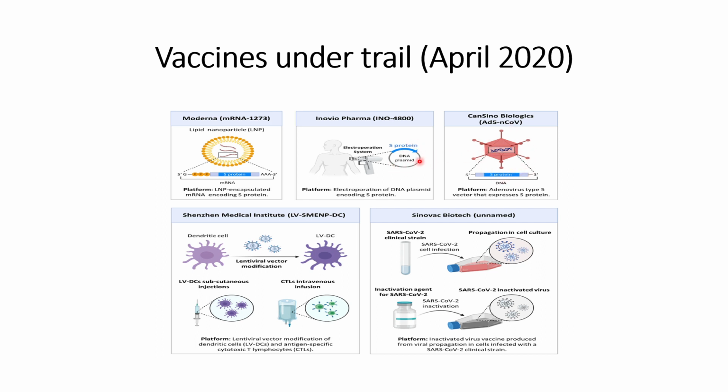Instead of using the plasmid directly, they package this DNA in the adenovirus and use it to infect cells. That finally results in translation of the S protein and activates the immune response, training it to respond with greater strength against the actual virus.